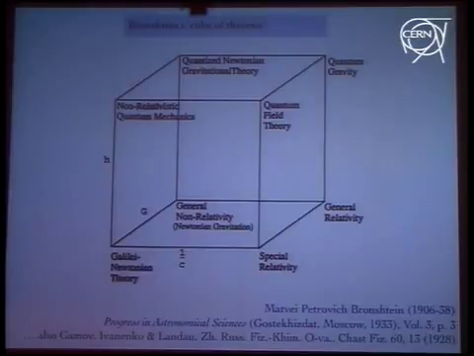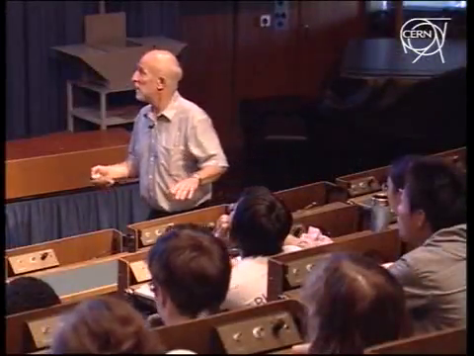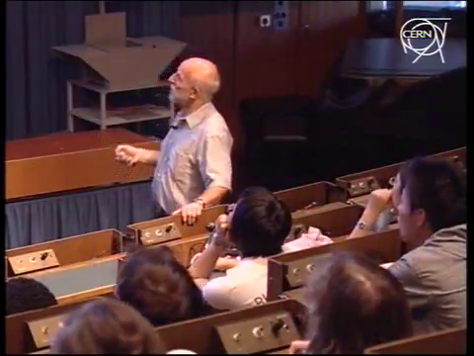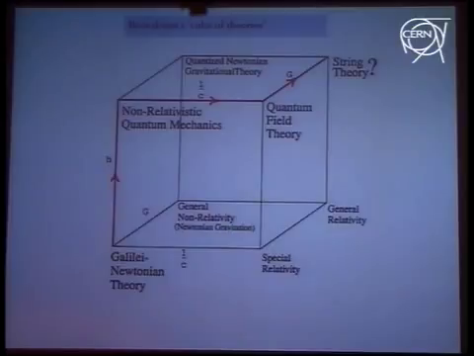And this is where much of the current work in theoretical physics is aimed. It's trying to understand how you go in this dimension. So one promising way is to start going into the non-relativistic quantum mechanics.